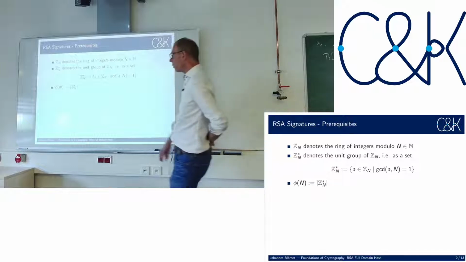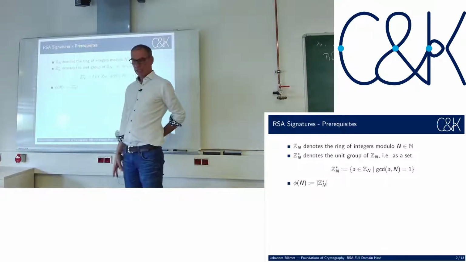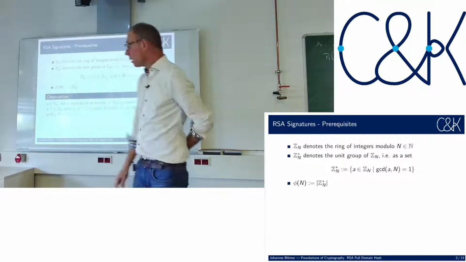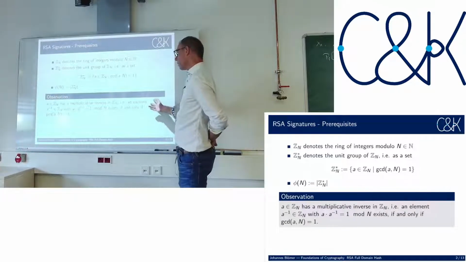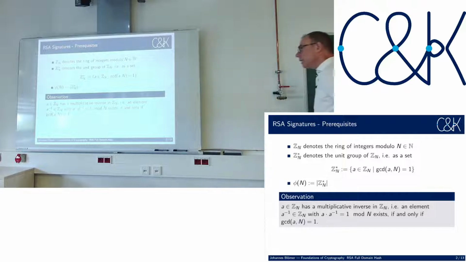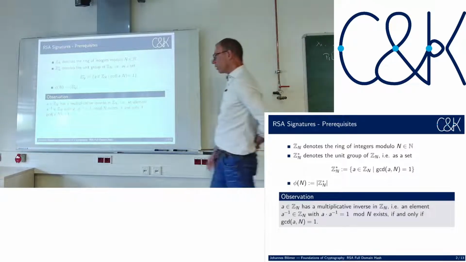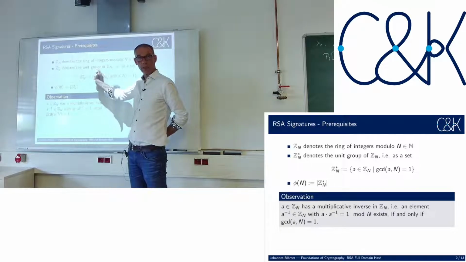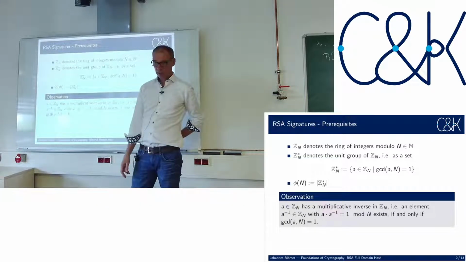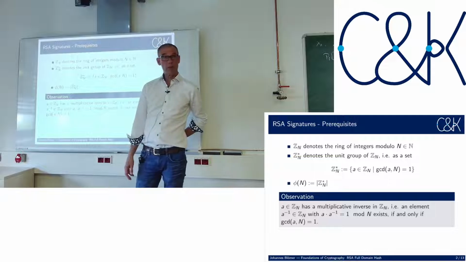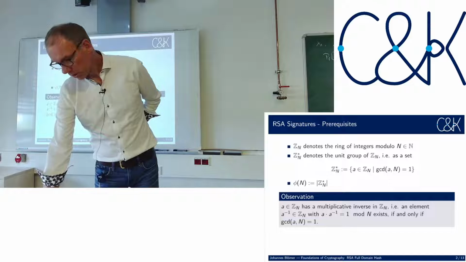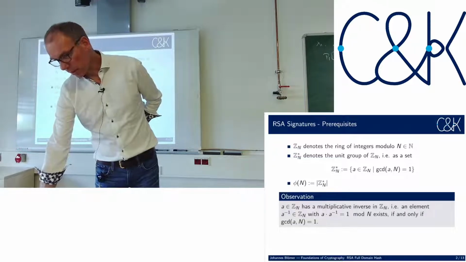And by phi of n, we denote the size of Zn star. The observation is that a has a multiplicative inverse in Zn if and only if the GCD of a and n is 1, hence it sits in this unit group. Unit is the mathematical term for invertible elements. So all these elements in Zn star have an inverse.